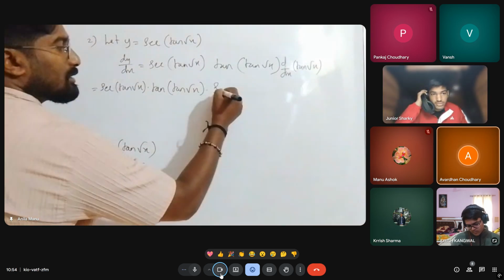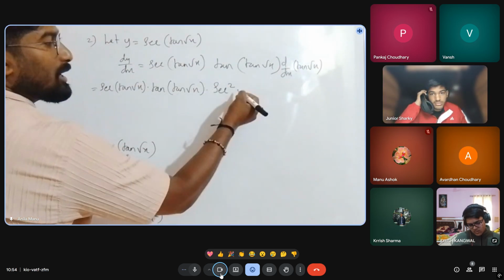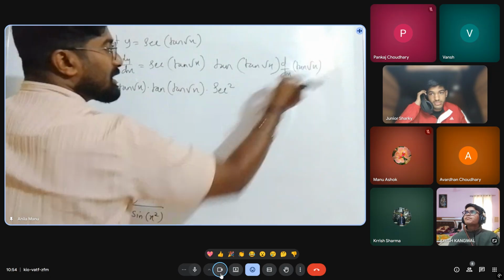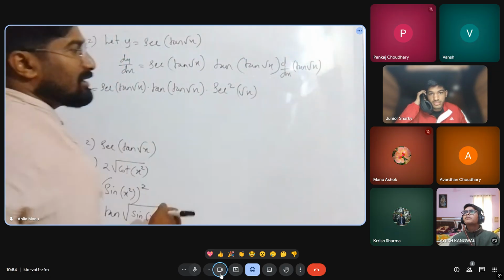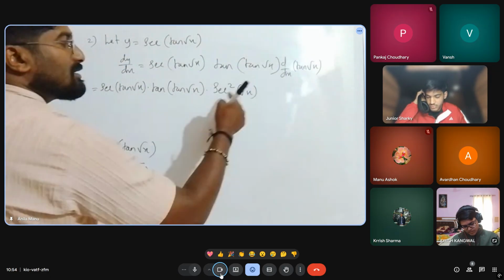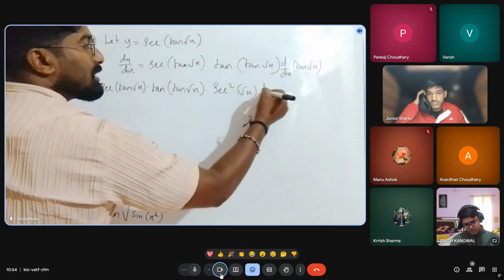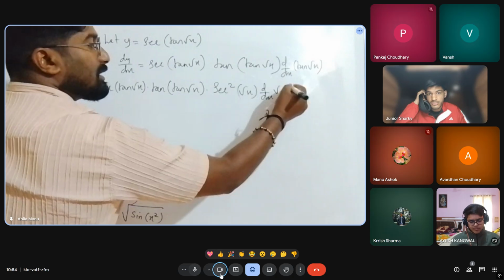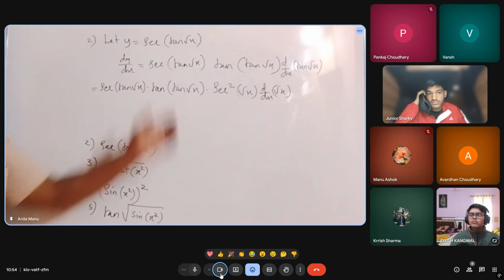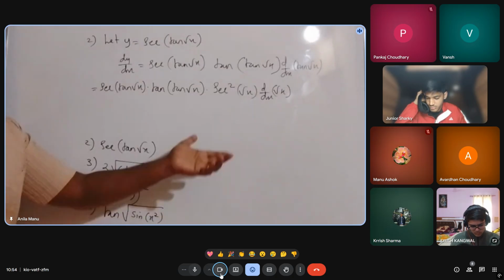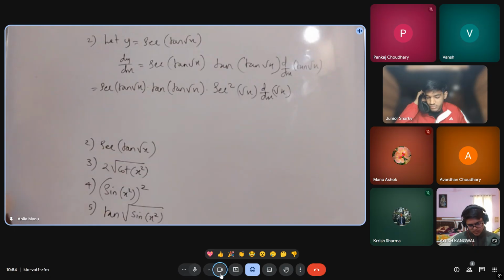Sec square x, and instead of x we have root x. Is it clear? Here we did not differentiate root x, so differentiate root x, d by dx of root x. See, we are solving chain one by one. That's why we are calling it the chain rule.